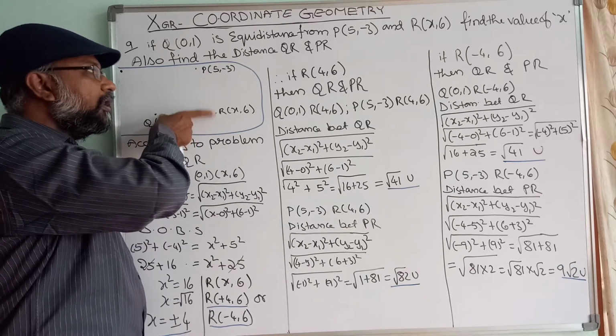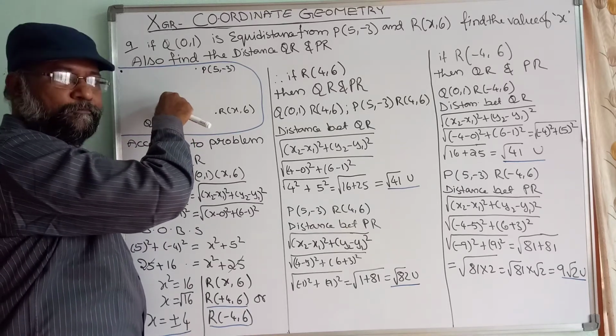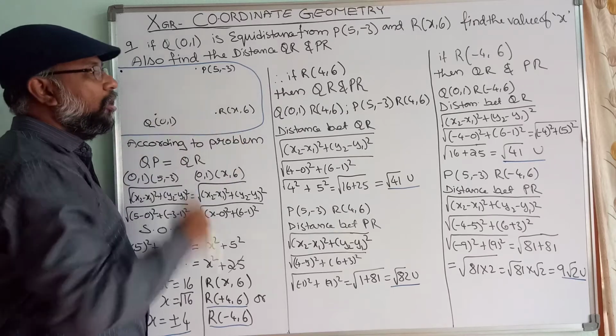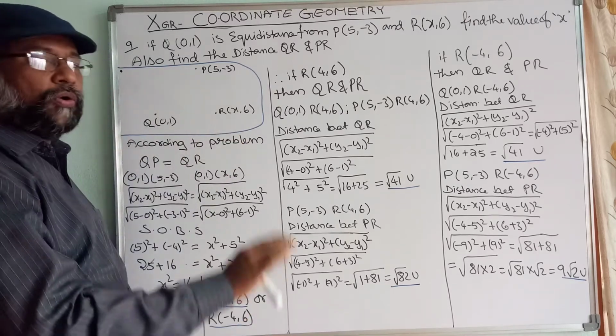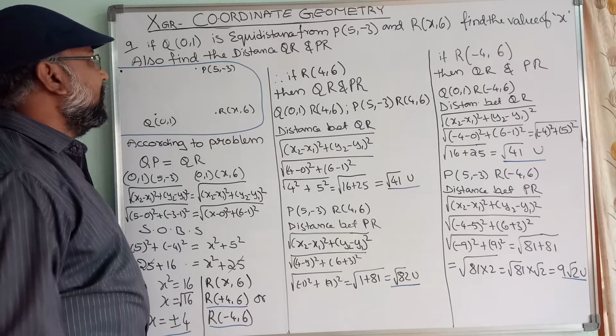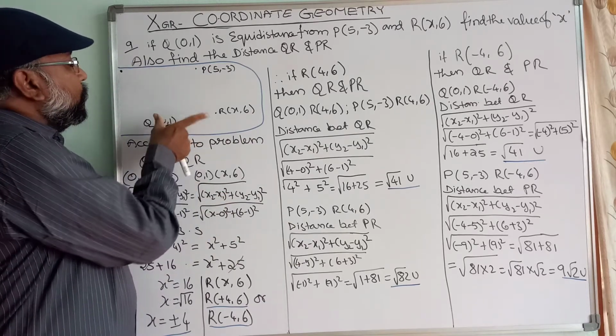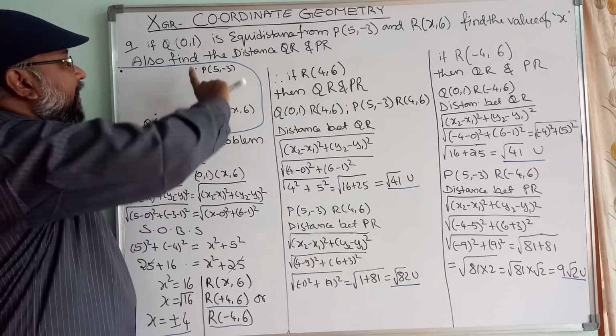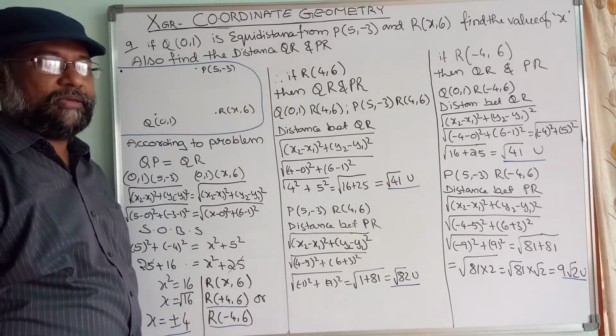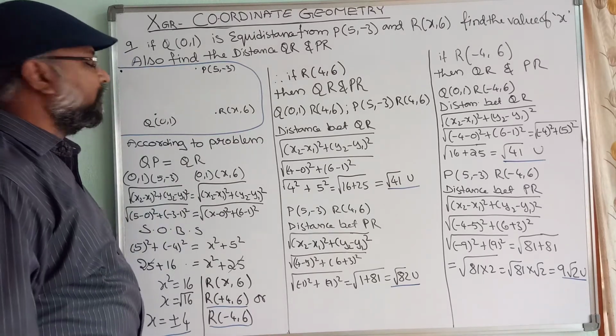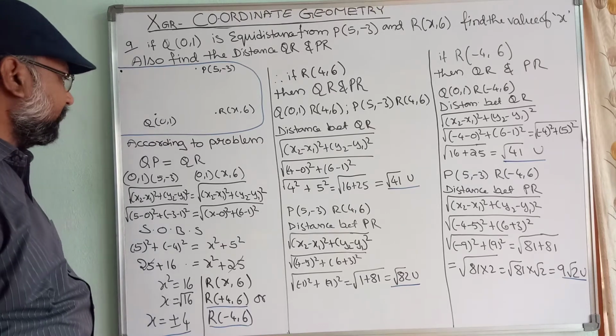If QR and QP are equal, then find the x value. That is the first part. Also find QR and PR distances. They may ask anything.